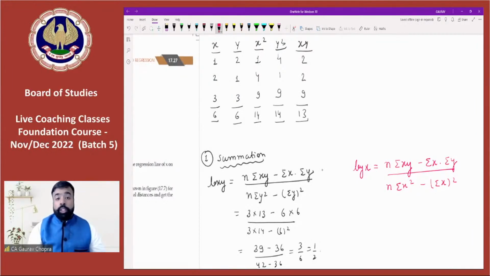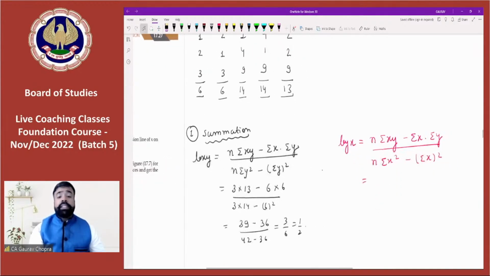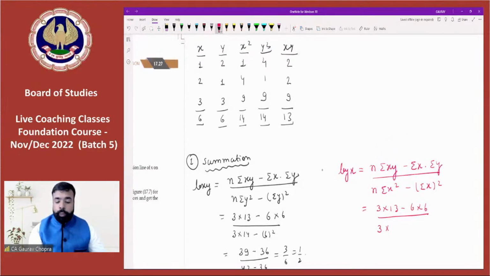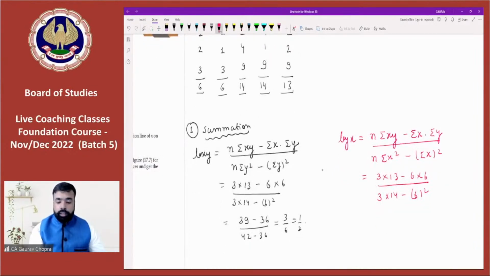Saima has given 0.02. Swati Giri has given 1 by 2. See, the numerator is exactly the same, so we can write the same values. In the denominator, n is 3, sigma x square is 14, and sigma x whole square is 6 square. So all the values are the same, and we can directly write the answer as 1 by 2.